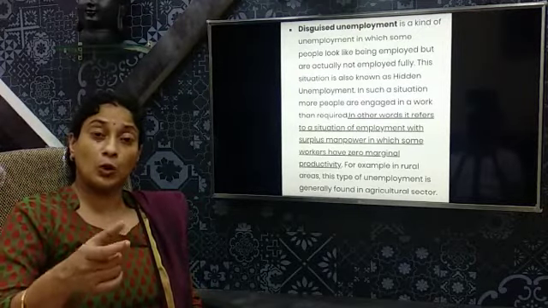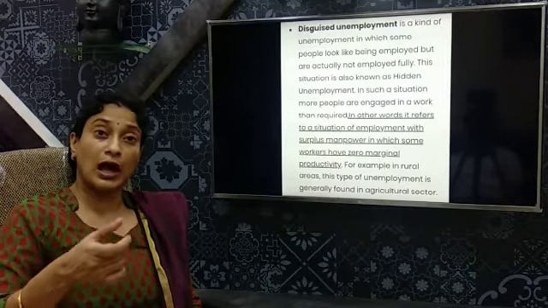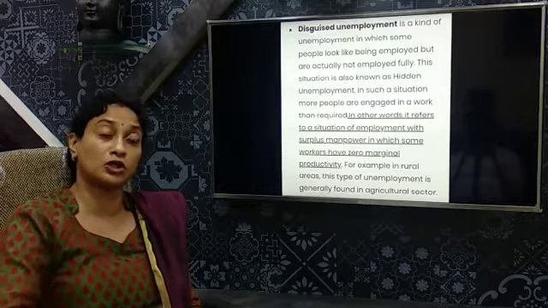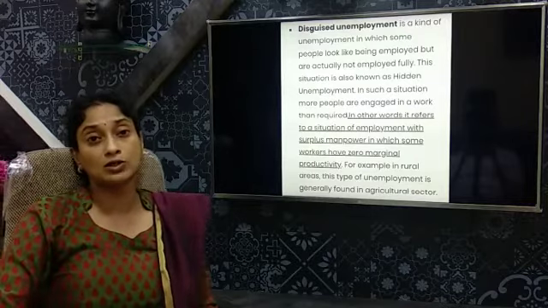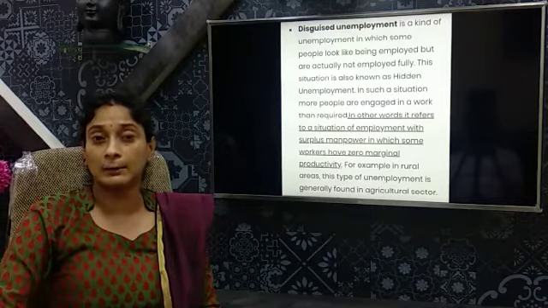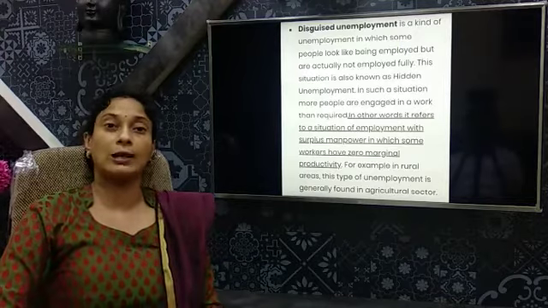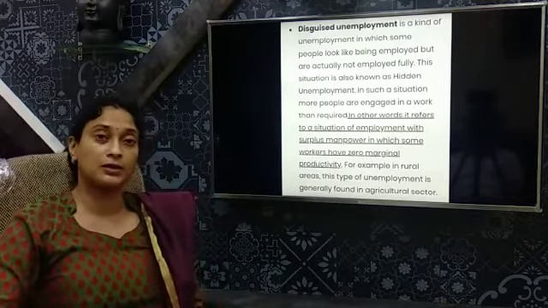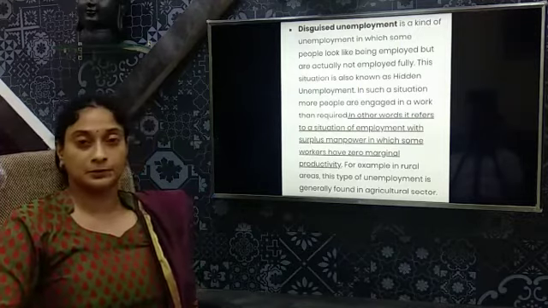These people who are removed from work and whose removal does not affect the production or output are said to be disguisedly unemployed. I will help you to understand the concept of disguised unemployment using an example.